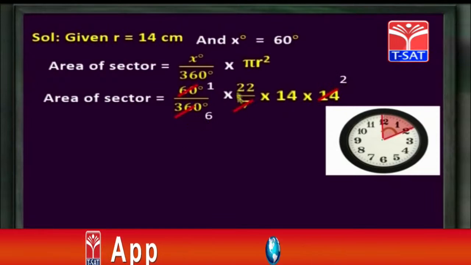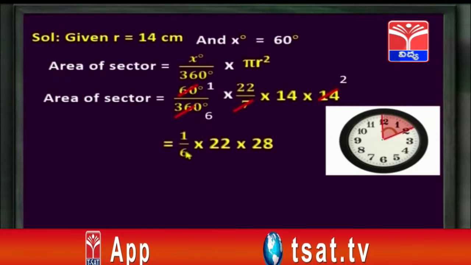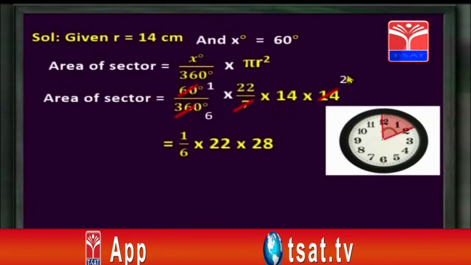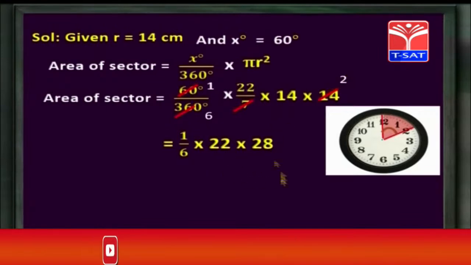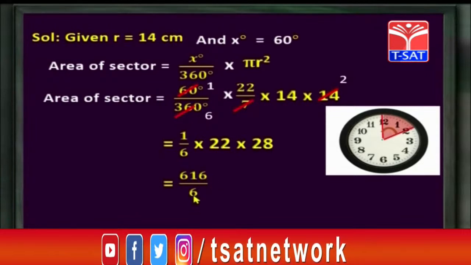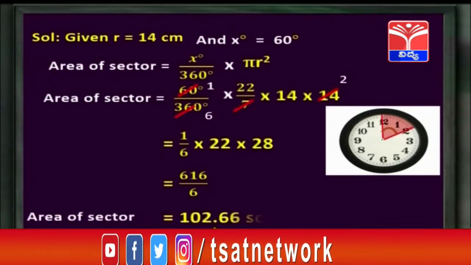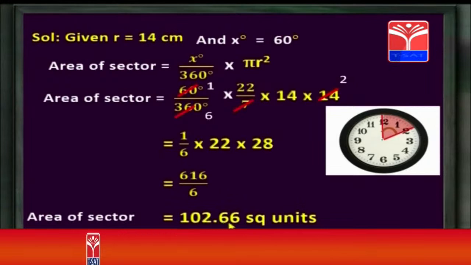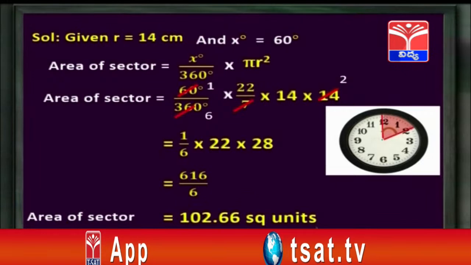Now if you multiply this, you will get 1 by 6 into 22 into 28. So 22 into 28 is 616 by 6, which is equal to 102.66 square units. So this is the way to find the area of a sector.